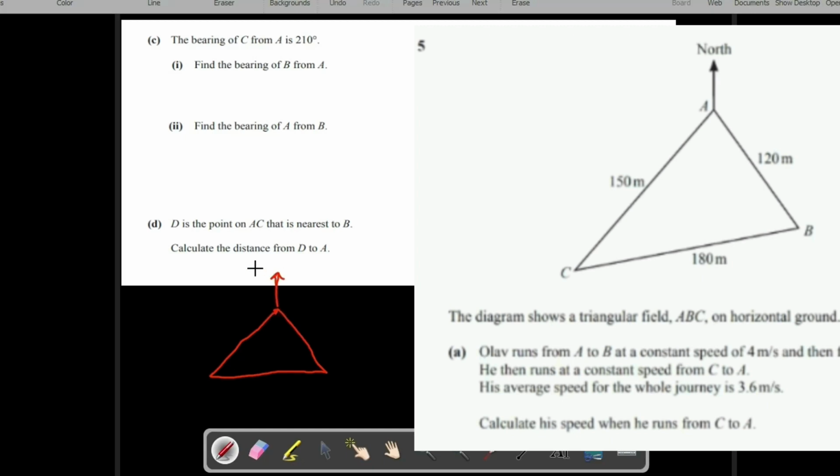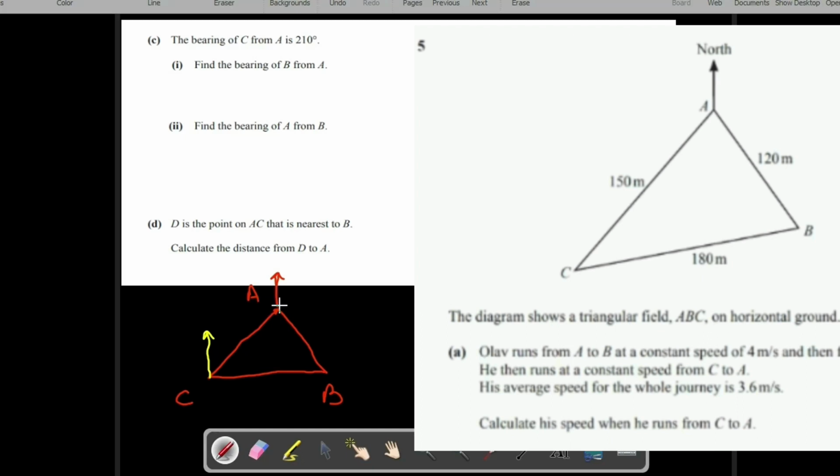If you see here, this is A, this was C, and this was B. Now the bearing of C, that means the direction of C from A. Whenever we say bearing of C from A, that means the direction of that point with respect to A. Whenever we measure the direction, we have to measure in a clockwise direction.